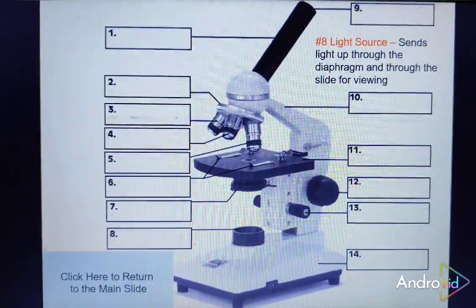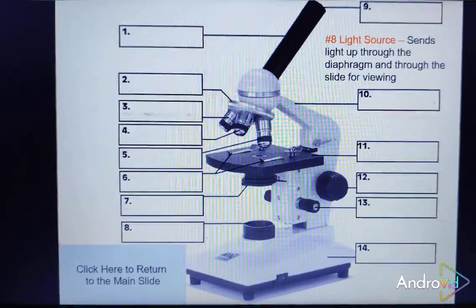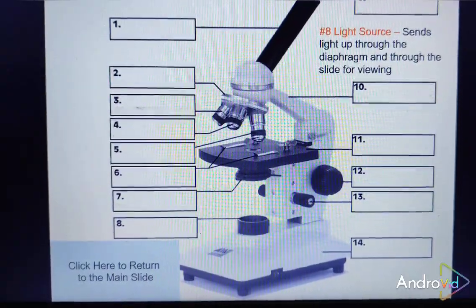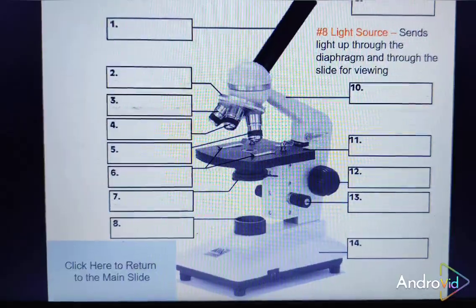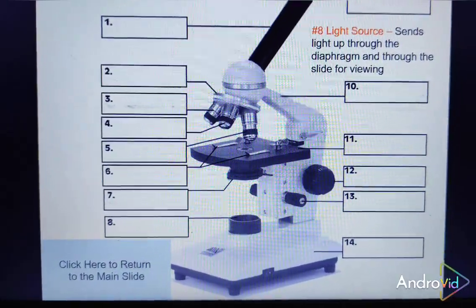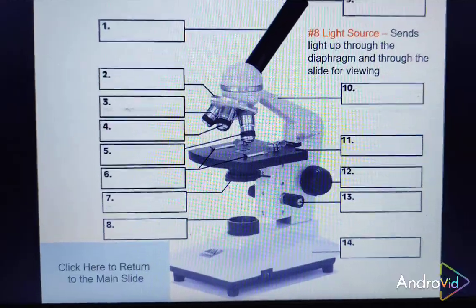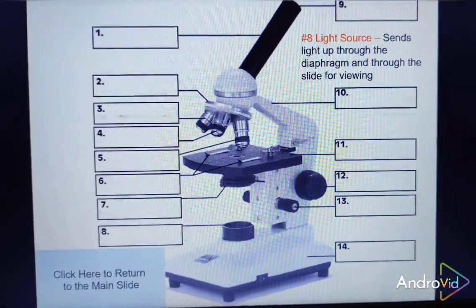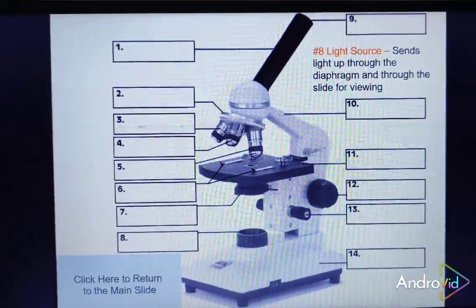The light source, if you see over here, sends light through the diaphragm and then through the slide for viewing. Over here the light which has been used is artificial light, but in a normal compound microscope the light source is placed by having a mirror in it.